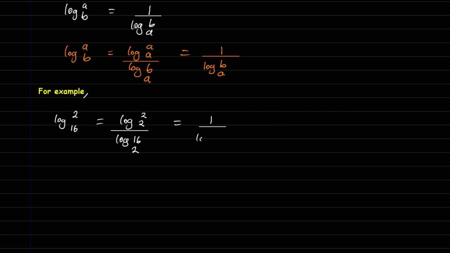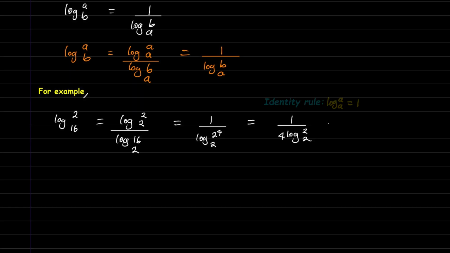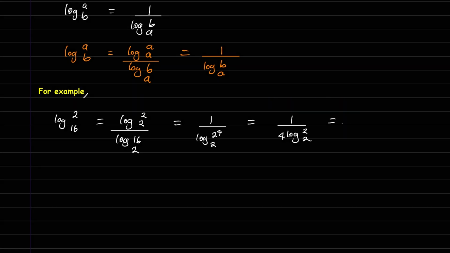This implies that we have log of 2 to power 4 base 2. And this will equal 1 divided by, from power rule, 4 becomes the coefficient of the denominator. So we will have 4 log of 2 base 2. And from identity rule, log of 2 base 2 equals 1. So we will have 1 over 4. Therefore, log of 2 base 16 equals a quarter.